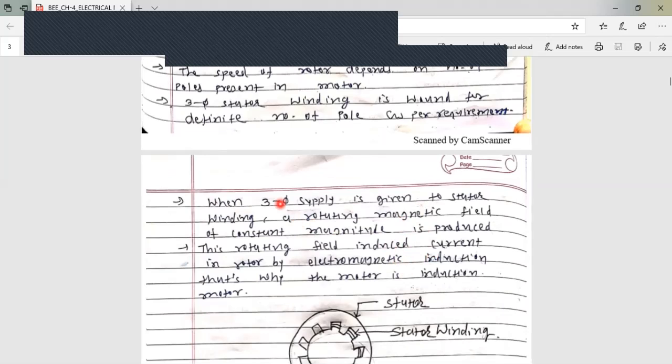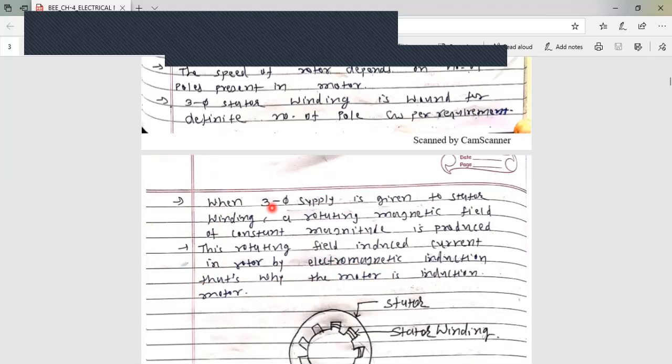When a three-phase supply is given to the stator winding, a rotating magnetic field of constant magnitude is produced. This rotating magnetic field induces current in the rotor by electromagnetic induction. That's why this motor is known as an induction motor.